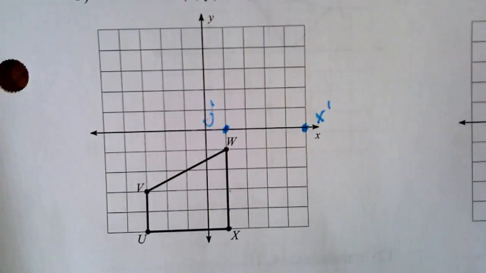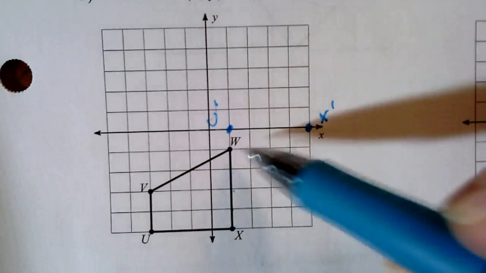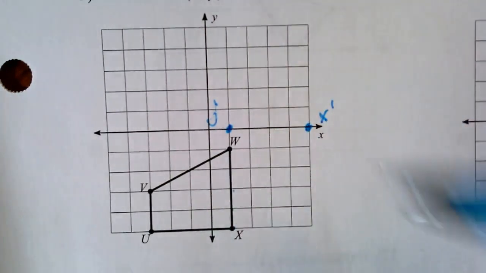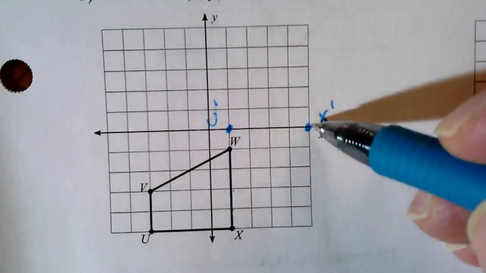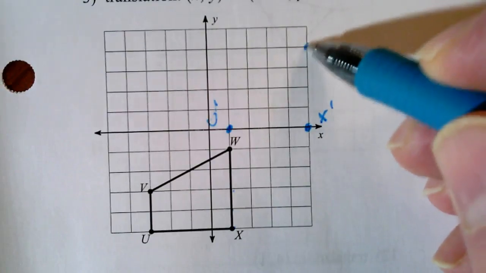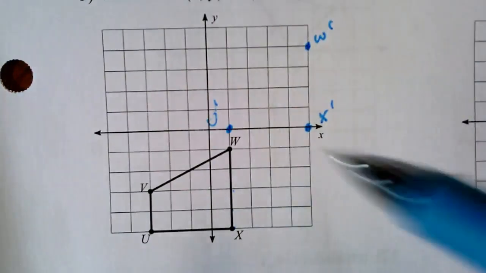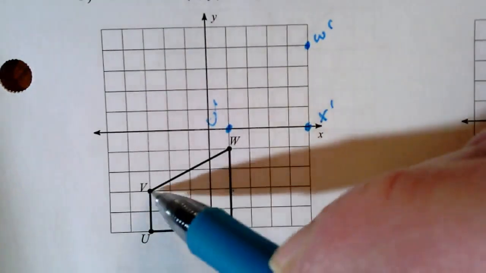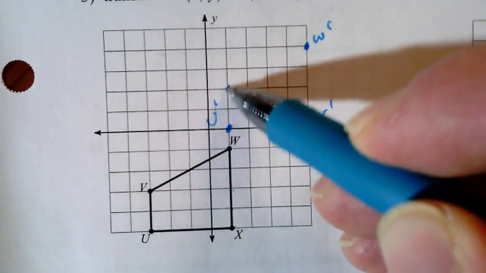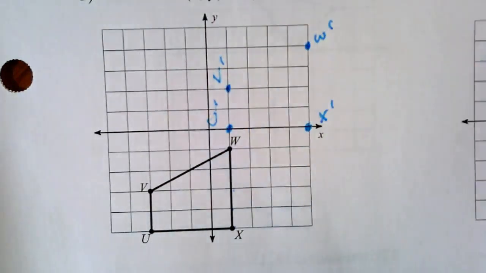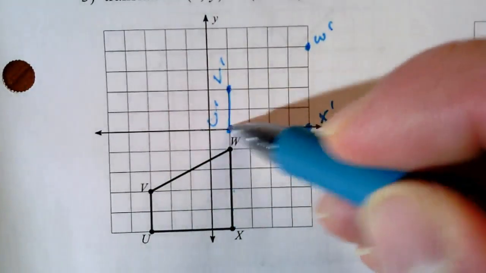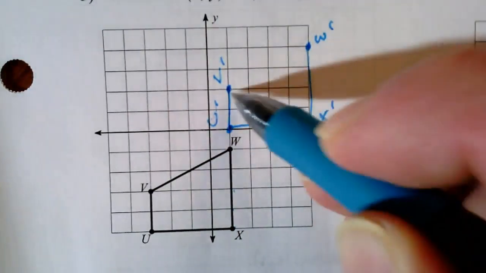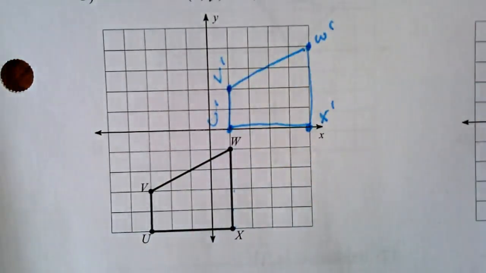And point W is 1, 2, 3, 4 spaces above X. So W prime will be 1, 2, 3, 4 spaces above X prime. And then V prime will be 2 spaces above U prime. Just connect them. There you go. Last one.